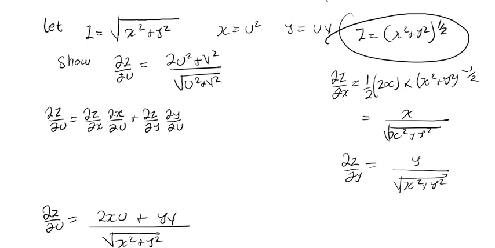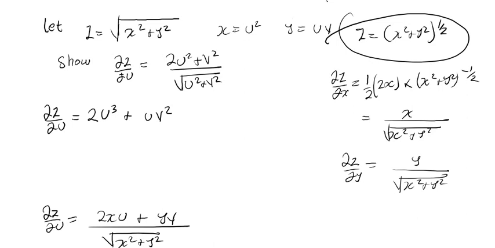Which we use to our advantage. So in this case, the partial of z with respect to u will be equal to 2, where there's x here, I'm going to substitute with what my x is, that's going to be u squared. So u squared by u, giving me u to the power 3, plus, where there's y, I put uv. So this is going to be u multiplied by v squared.